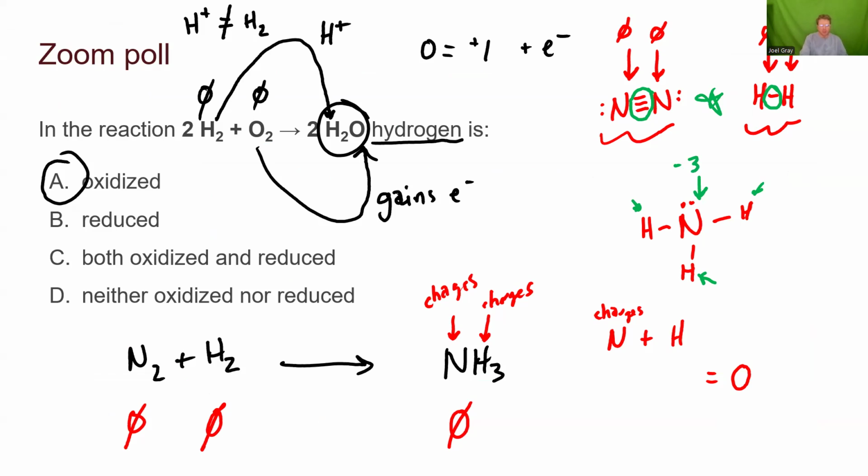For this whole molecule, this NH3, to have a charge of zero, while nitrogen has a -3 charge, what do the hydrogens, what does their collective or total charge have to be in order for this to be zero?